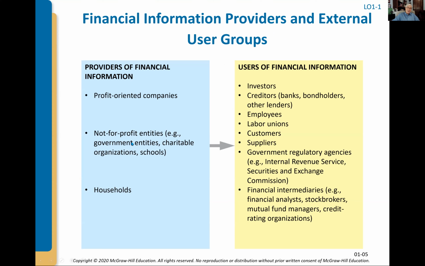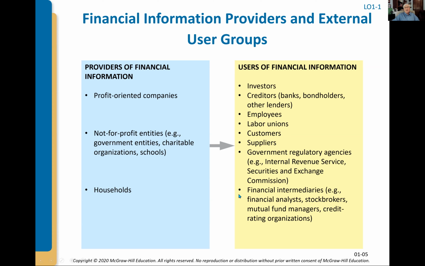Profit-oriented companies, not-for-profit entities, okay, governments, charitable organizations, schools, they all need accountants. And so they're generating financial information, and even there could be household information, just think about your income tax return as a form of showing your income as individuals over the year, and that gets reported.